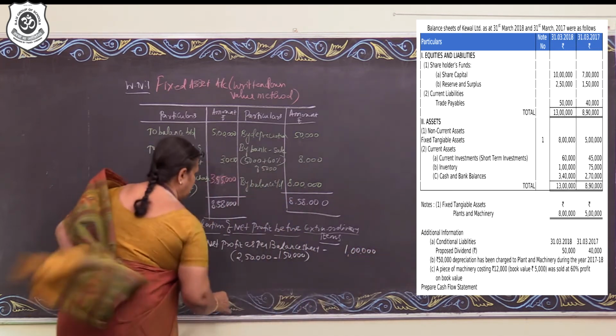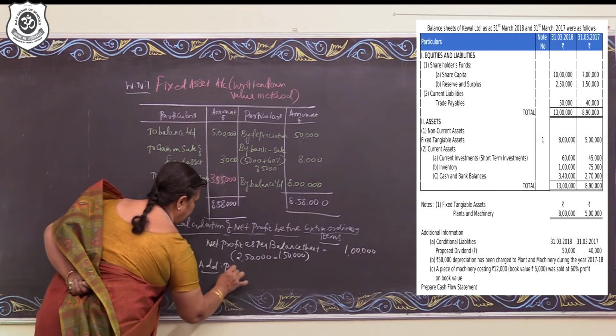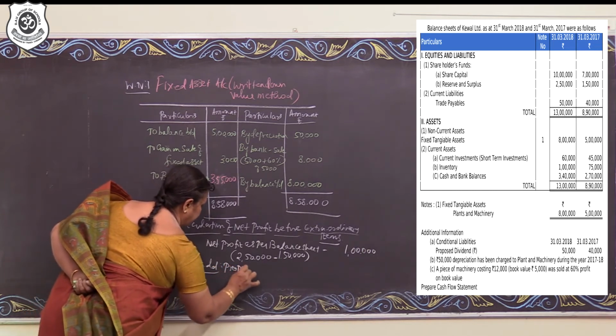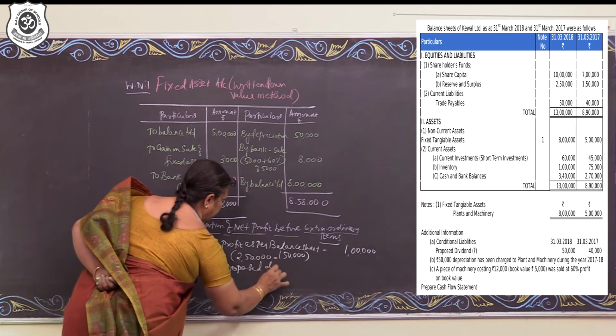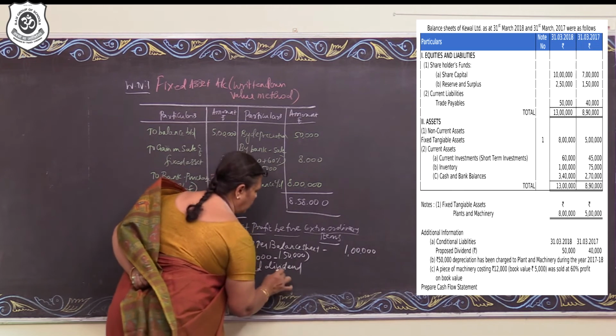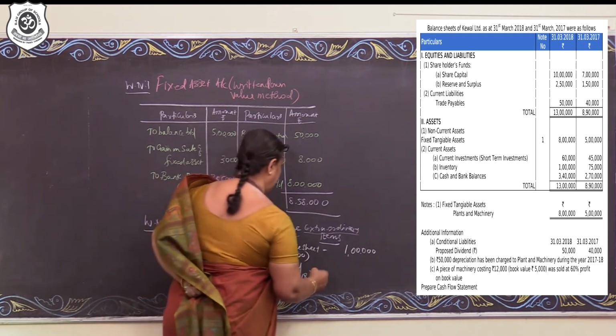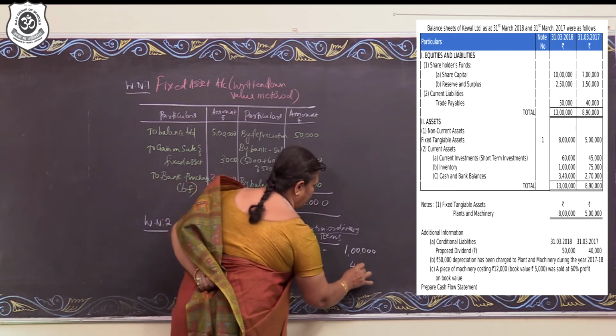With that, we shall be adding proposed dividend of the previous year, proposed dividend of 2017-18, which is 40,000 rupees.